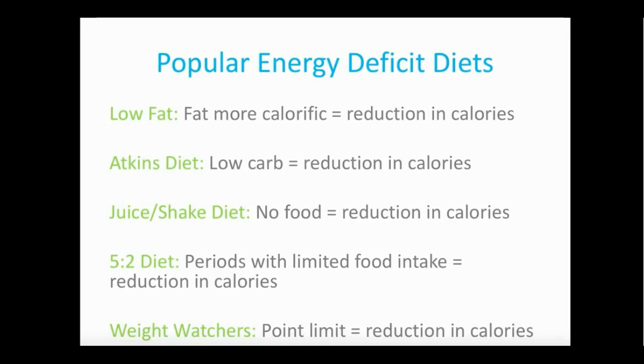And then you have something like Weight Watchers, which is a points limit. Again, all based around the same, reduction in calories, but sold in a different way. But all of these are the same. There's nothing really magic or different about it. All it is is removing one macro or removing something to put you in a calorie deficit. There's no magic science behind it.